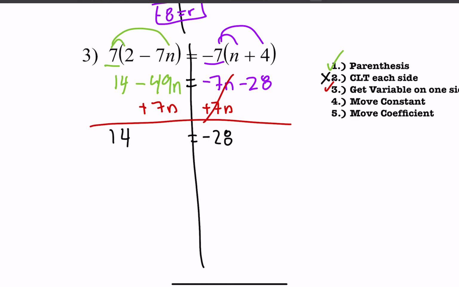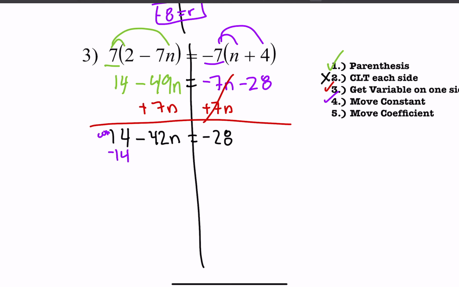14 is also still there, but -49 plus 7 is going to give us a -42n. 49 has a bigger number, so I'm going to use its negative sign. Bigger number, use its negative sign. And then 49 minus 7 would give me 42. All right, now I'm going to move my constant, which is a 14.